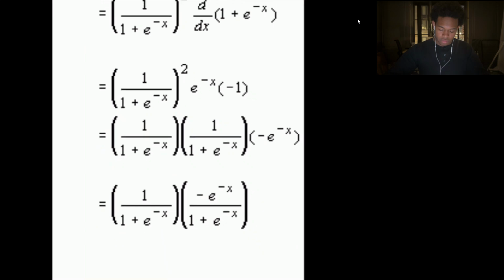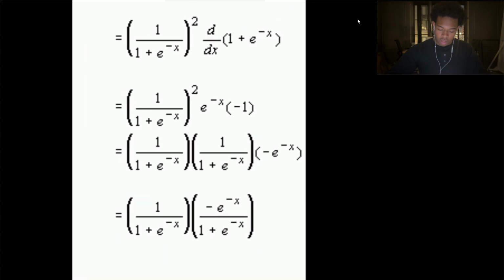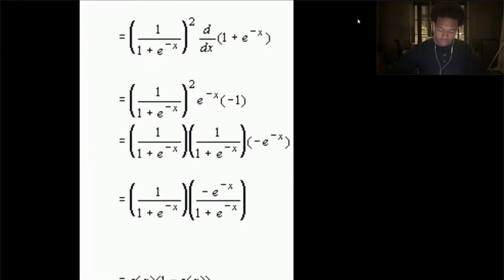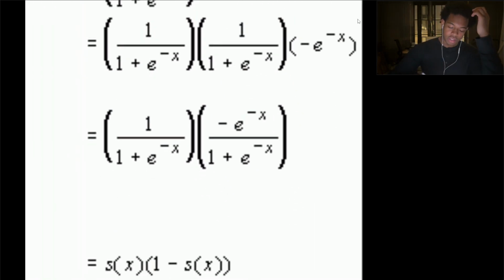Wait. And then where did we get 1 minus? See, how am I supposed to know that this is 1 minus sigma already? See this part? That being equal to 1 minus sigma of x.